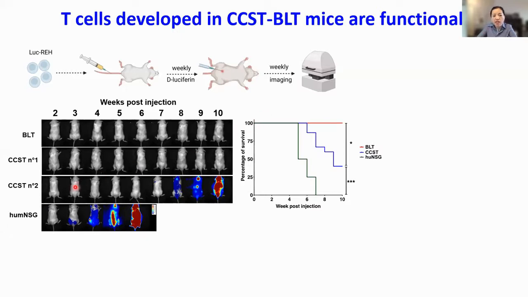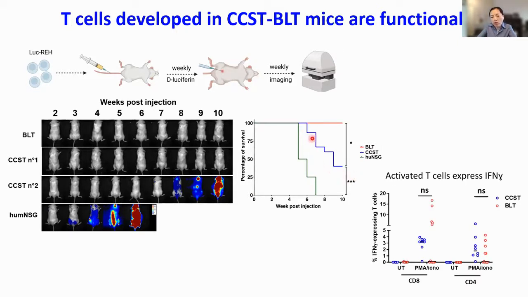The response in CCST mice was a bit variable in the sense that about 40% of the mice were able to completely reject tumor cells and survived, but the other ones did succumb to leukemia, although at a slower rate than the NSG mice, as shown here on the blue line.